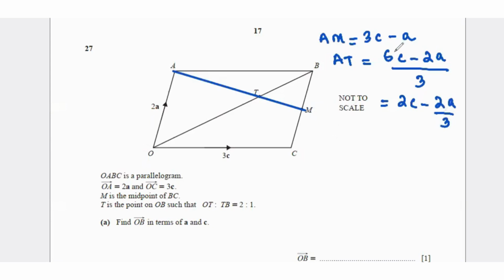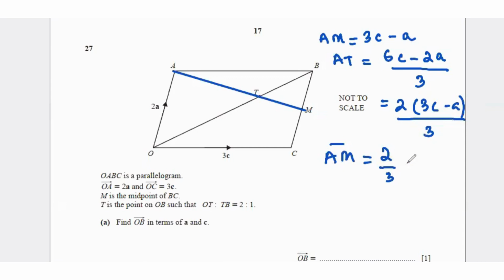So if we look at AM, that is 3C minus A. Now if we compare AM and AT, AT is 2/3 of AM.